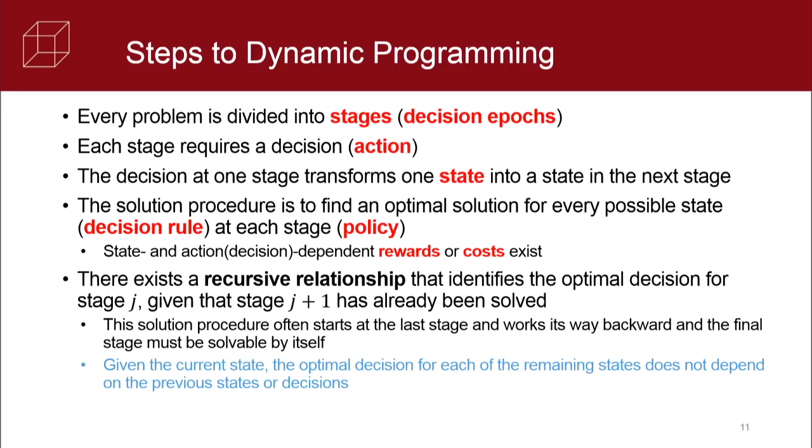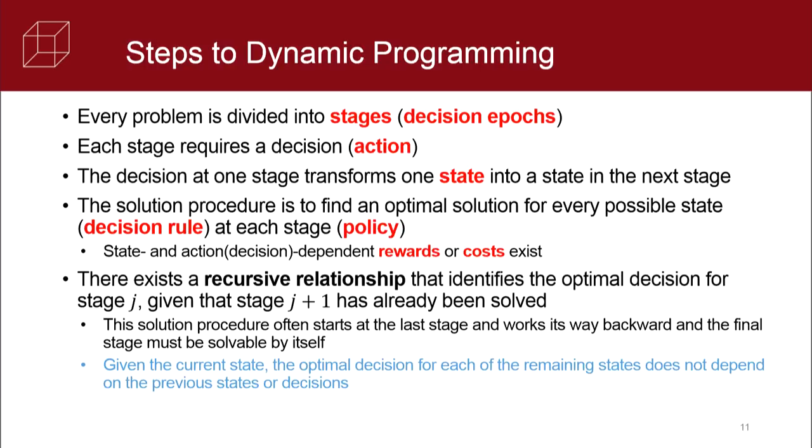So here is some basic component of dynamic programming. Every problem is divided into stages or decision epochs. At each decision epoch, we make decisions, right? So each stage requires decisions. And the decision at one stage transforms the state into the state in the next stage.